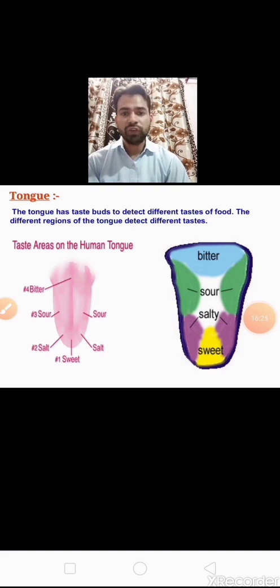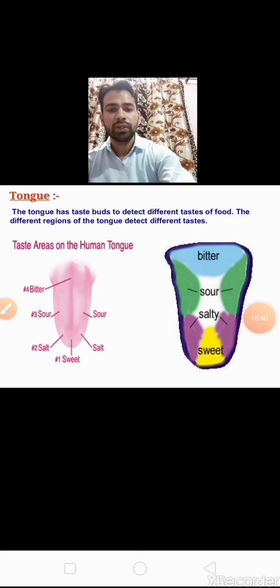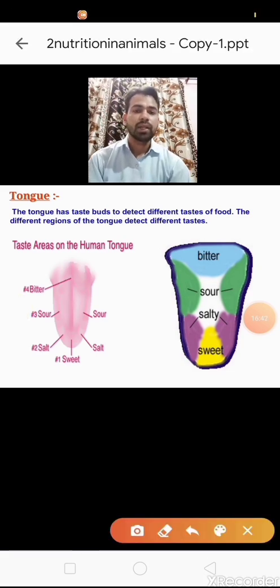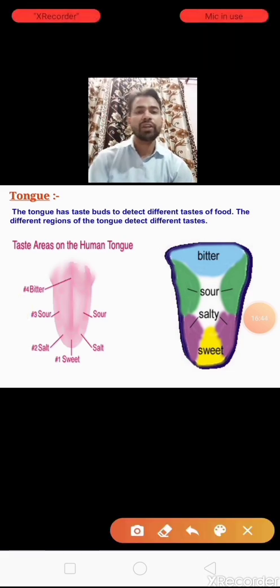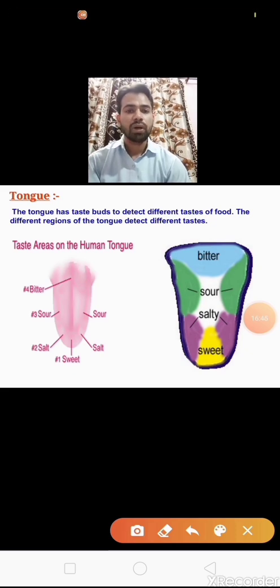The two functions of the tongue are, first, speaking, and second, to detect different tastes. Like in the picture you can see here, the tongue has different regions of taste.